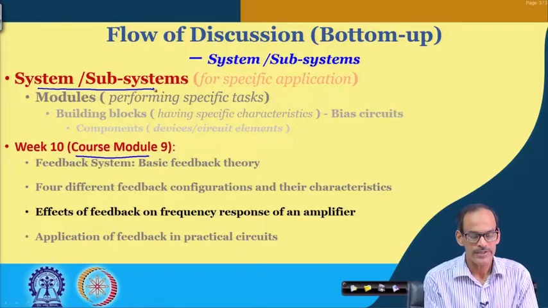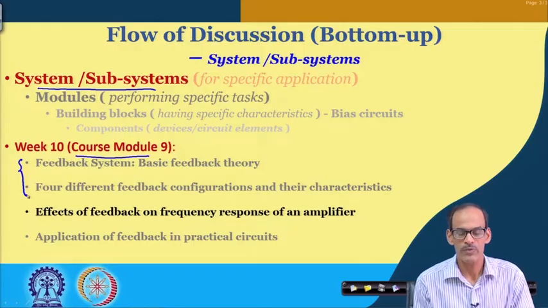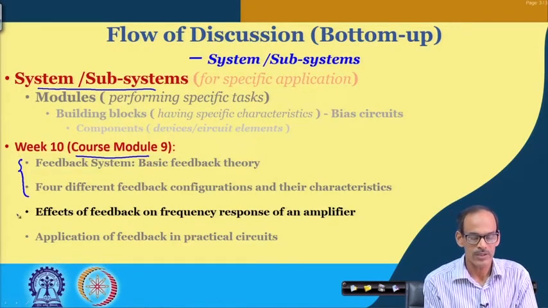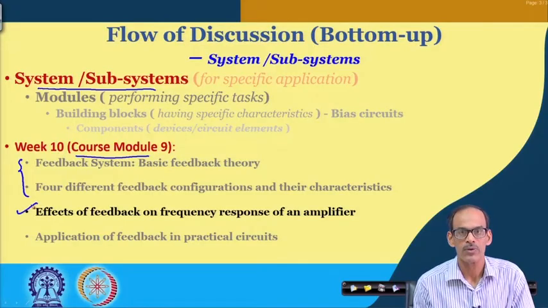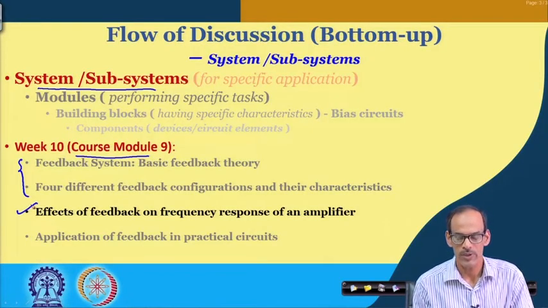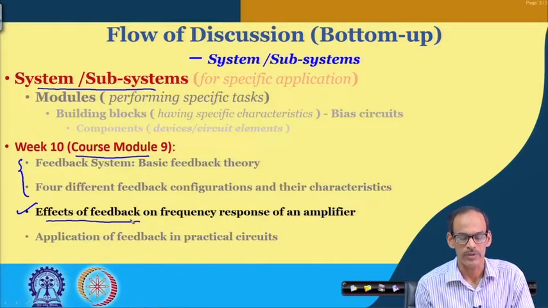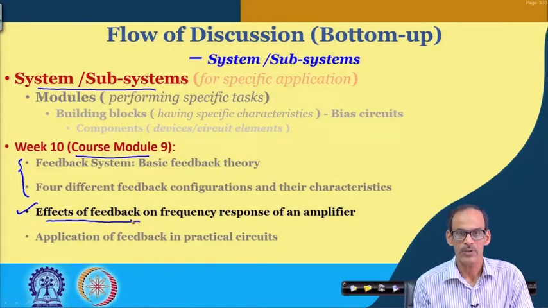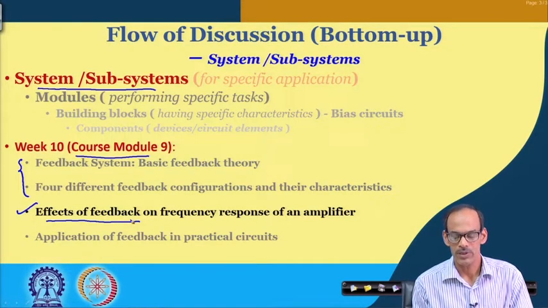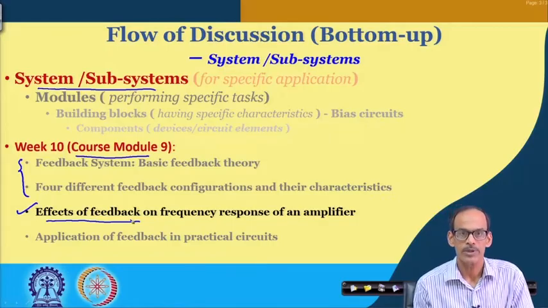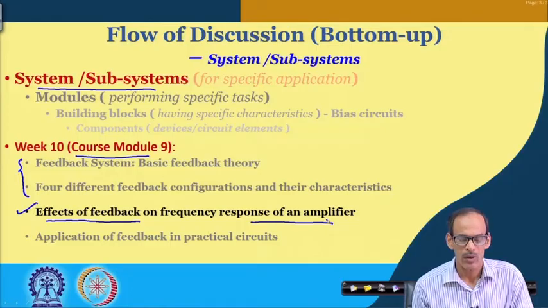As I said, we have already started the feedback system and have seen 4 different configurations. Today we will see the change of frequency response of an amplifier due to the presence of the feedback network. In general, it is valid even for other linear circuits, but our specific focus will be on amplifiers.